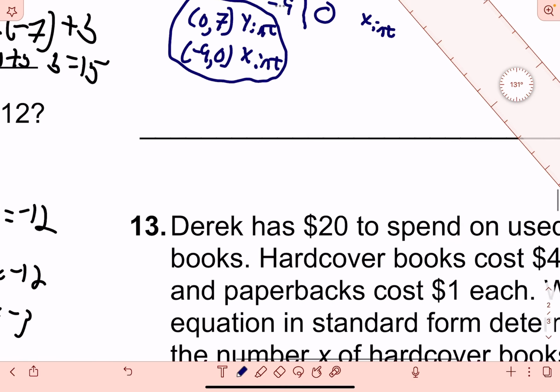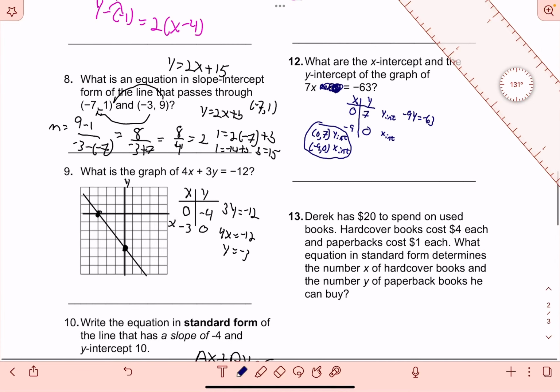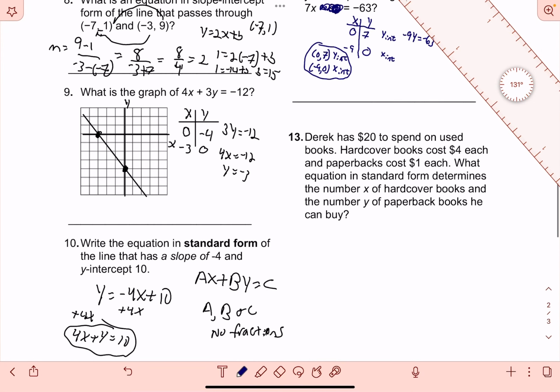Now 13. Derek has $20 to spend on used books. Hardcover books cost $4 each. Paperback books cost $1 each. Write the equation.